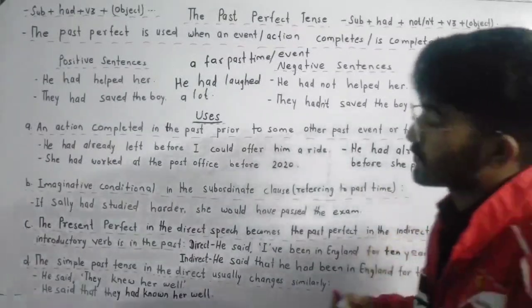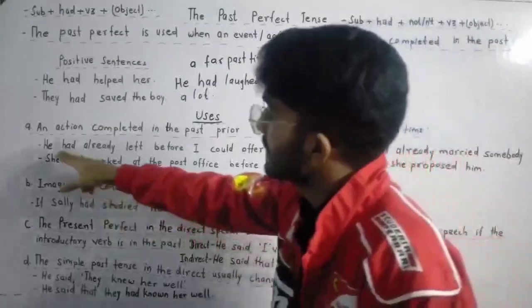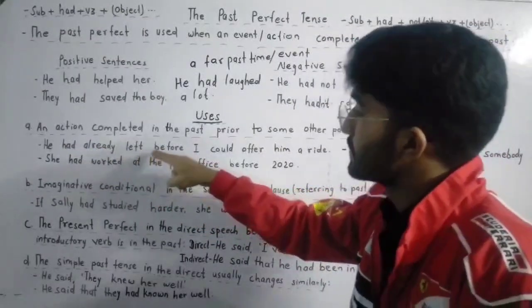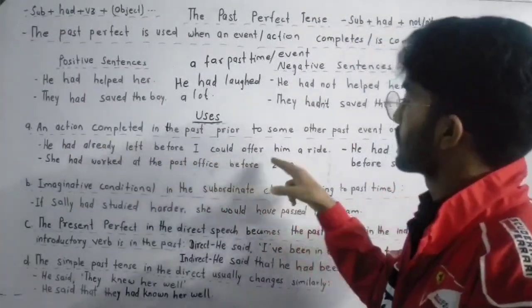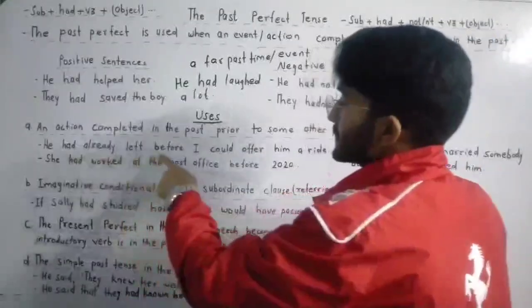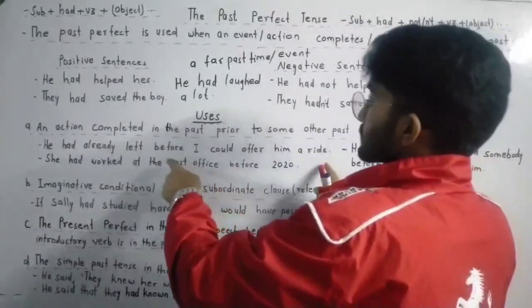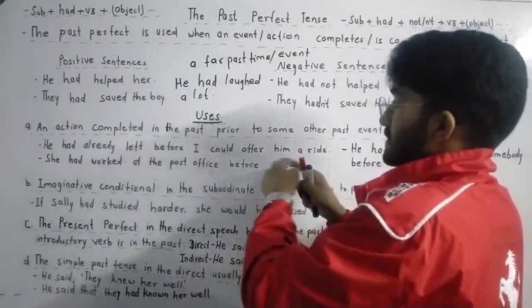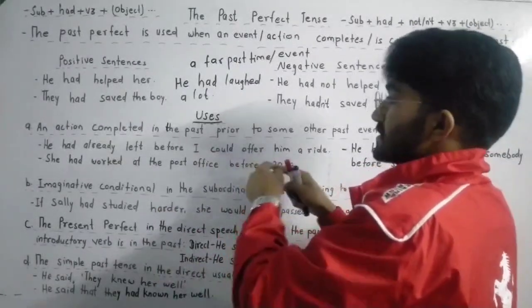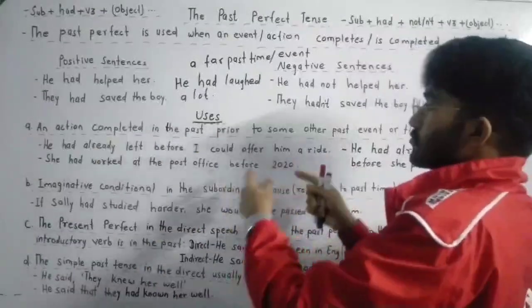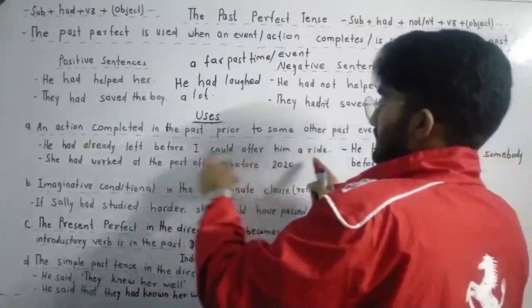Let's understand through examples. You can see, he had already left before I could offer him a ride. He had already left before I did this action, and that's why I couldn't do it.